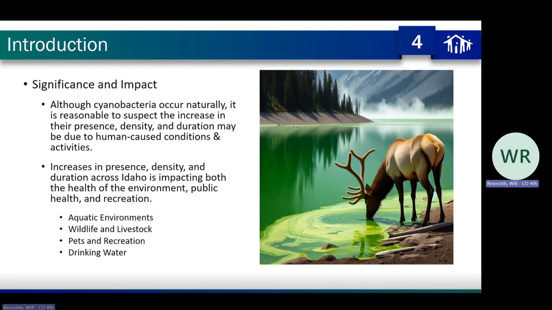And so that can lead to, if inadequate filtration is present, illnesses and chronic illnesses caused by HABs in drinking water as well. And we'll discuss that a bit later as well.